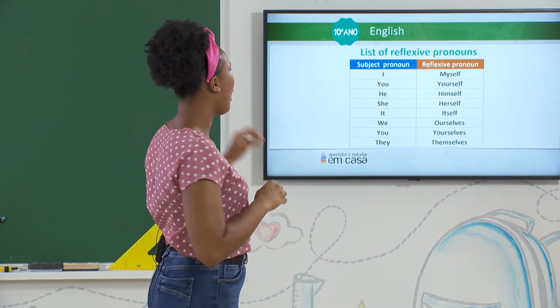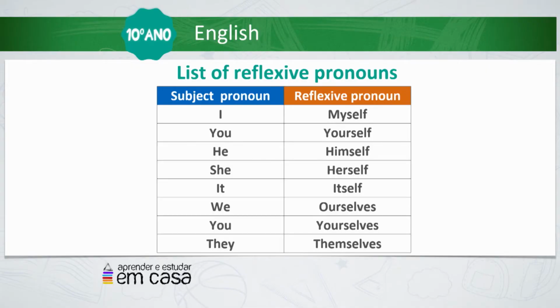So let's see. I, myself. You, yourself. He, himself. She, herself. It, itself.